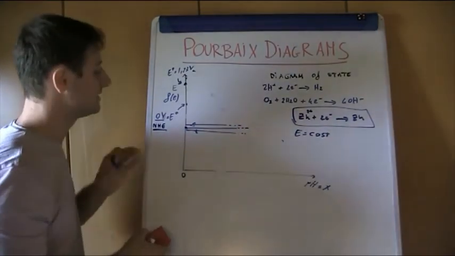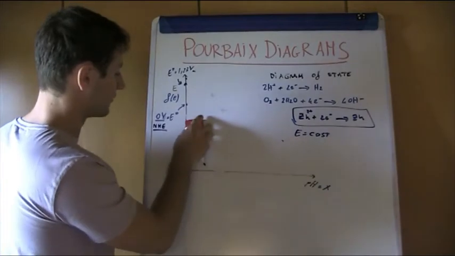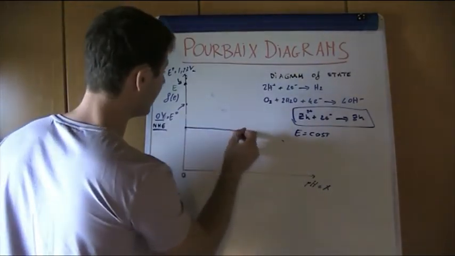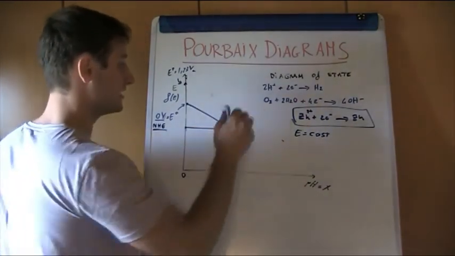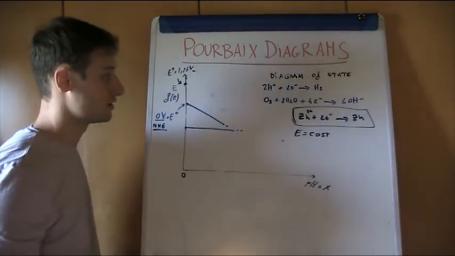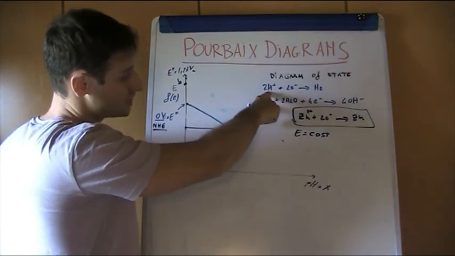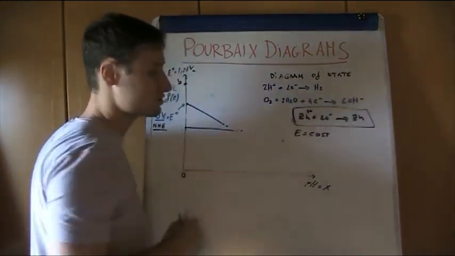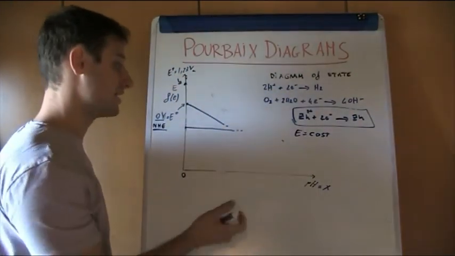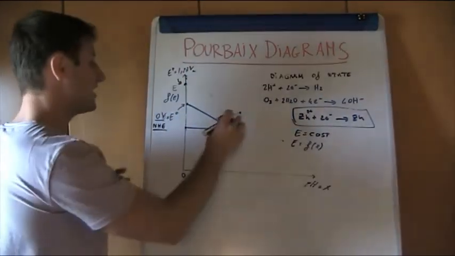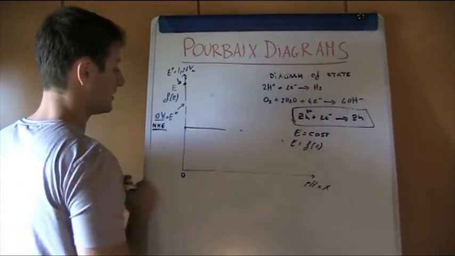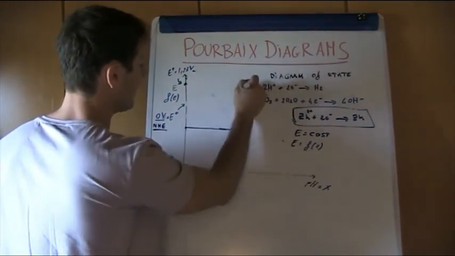But basically, the line is always horizontal. We can have lines with a slope when we are dealing with redox reactions involving H plus or OH minus, which lead to a relationship between the potential and pH, but sometimes we can even have lines that are vertical.